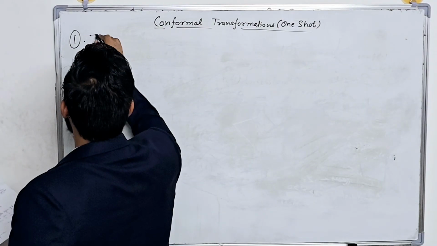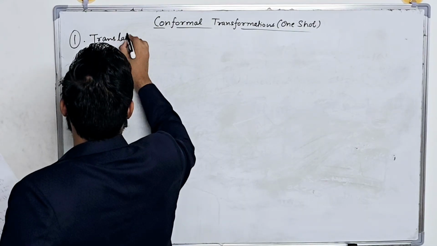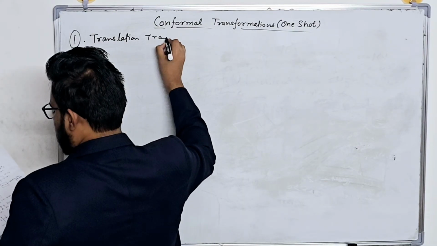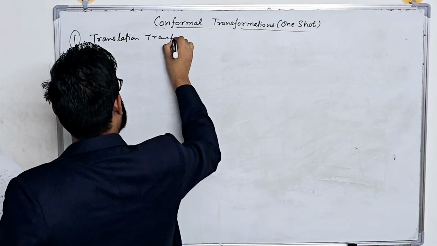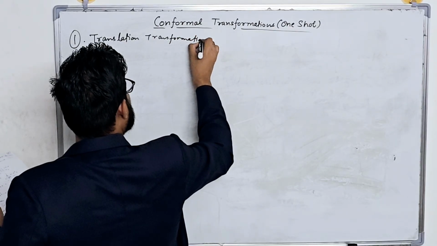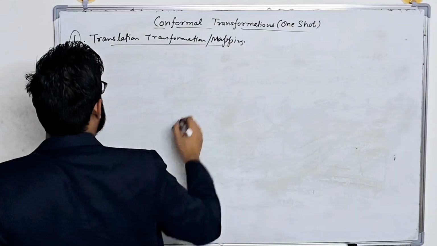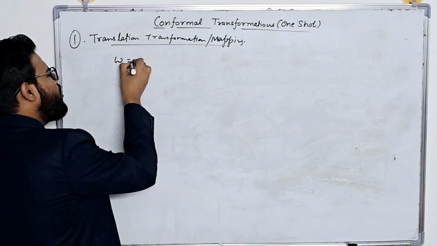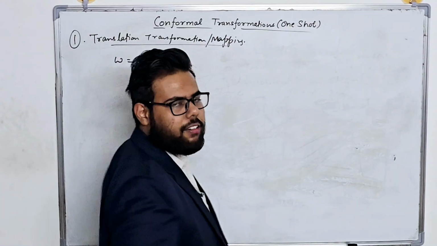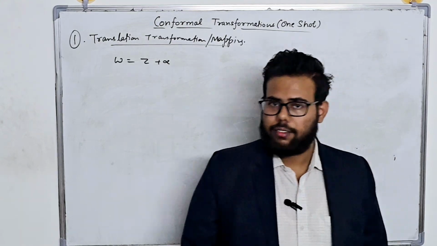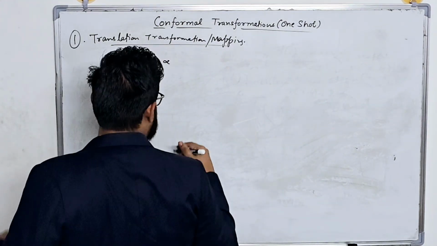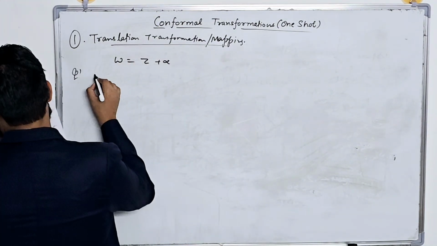So the first transformation is translation, or mapping, where w = z + alpha, where alpha is a complex number. Let's understand it using a question.